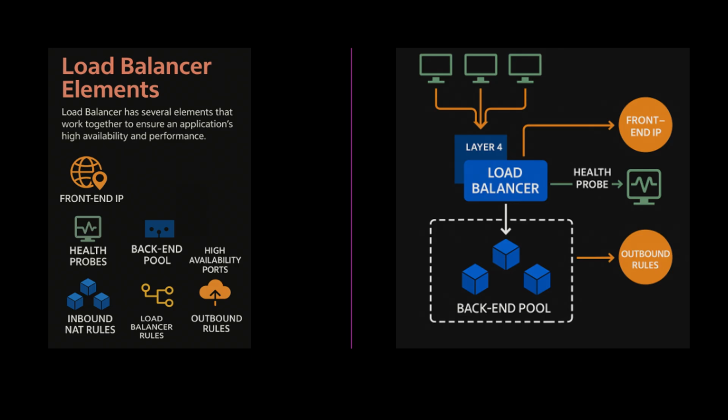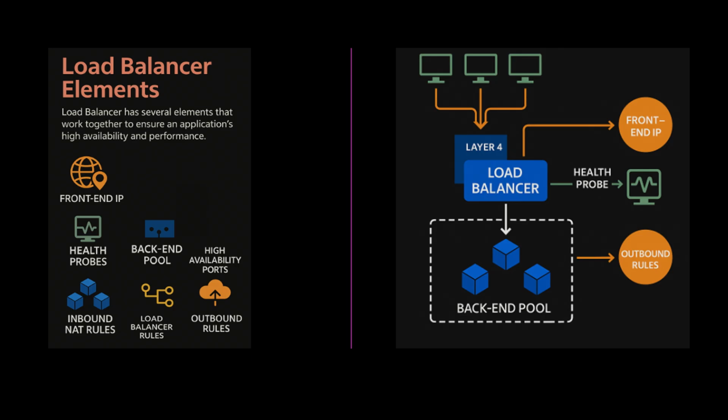If you want repeat visitors to hit the same VM for session continuity, you can enable session persistence, also known as session affinity. Once traffic is routed, it lands in the backend pool, the real workforce behind your app.